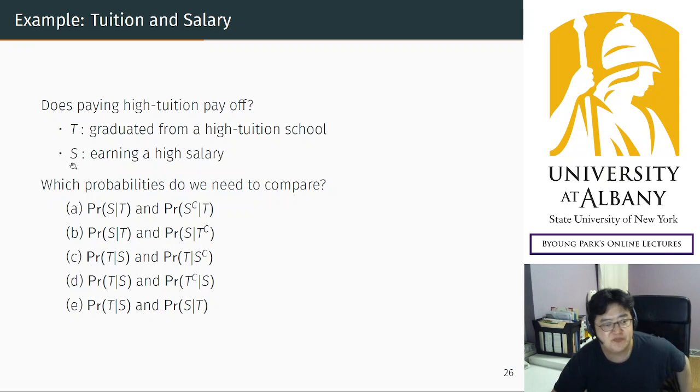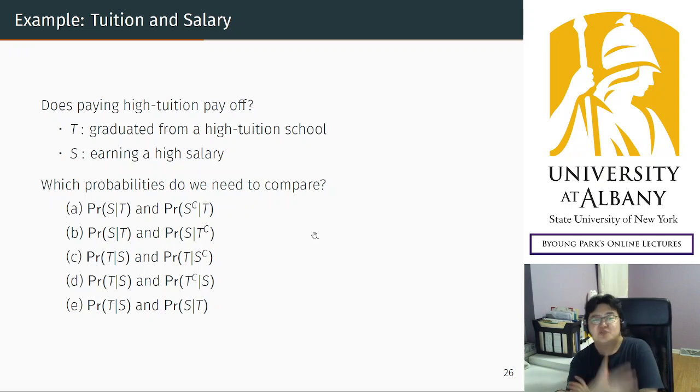So you would like to study this. And then again, which probabilities do you need to compare? Think about this. Think more carefully, and if you are not sure about the definition, go back to the slides and see what happened. I will turn the page.